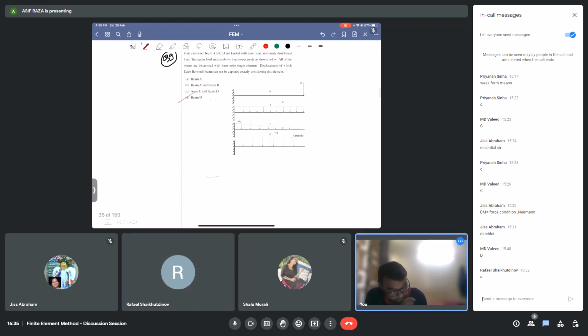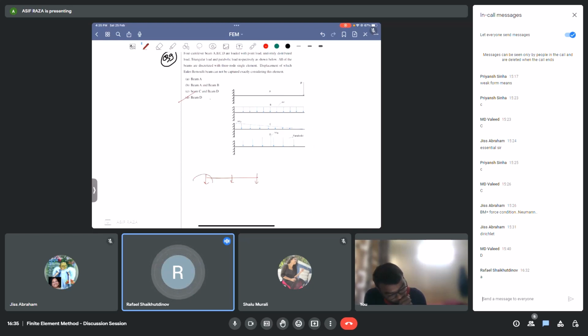In Euler-Bernoulli beam, it is a Hermite polynomial, and the usual Hermite polynomial degree is 3, right? Yes, the usual one for Bernoulli beam with two nodes is 3. So a Hermite polynomial with 3 nodes requires 5 degrees of freedom.